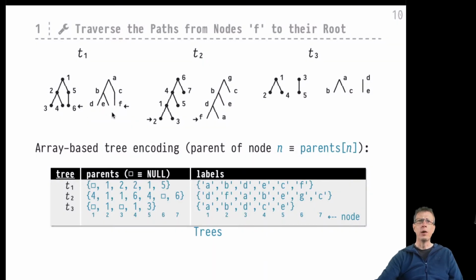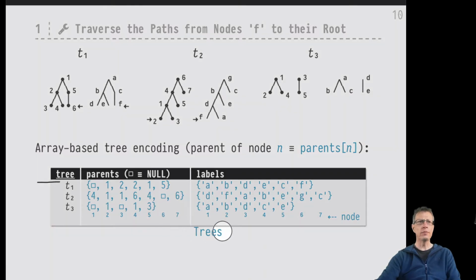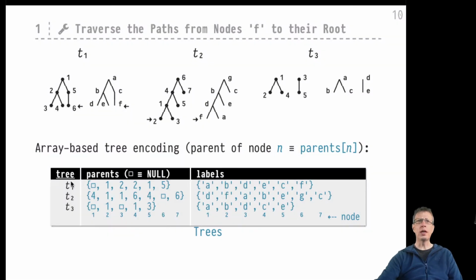Okay, we represent the structural and also the label information in terms of arrays. So all the information about this tree here, the tree T1, is found in this single row in our table trees. What we find there is, of course, the tree identifier, but also a parents array. If you look up the parents array at index I, you will find the parent of node I. So let's look at index 3 here.